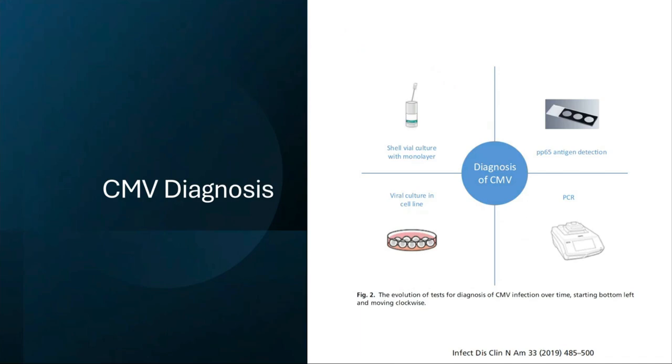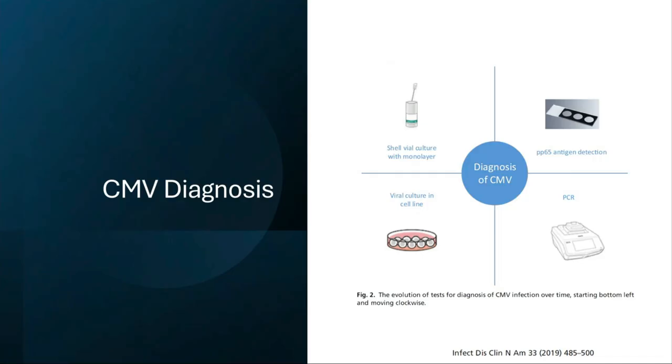And a little bit on CMV diagnosis. Many years ago, we used to do viral cultures, and they are really not sensitive and very time consuming. So we're going away from culture for diagnosis of CMV.